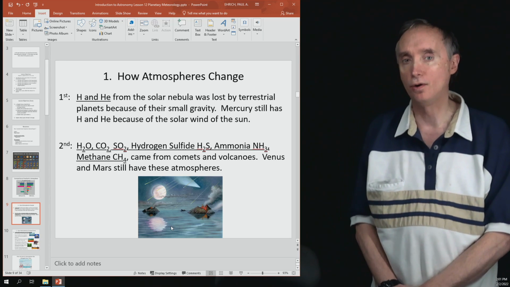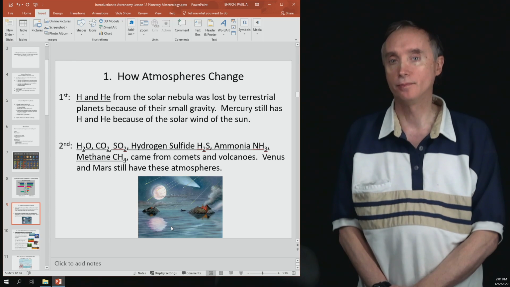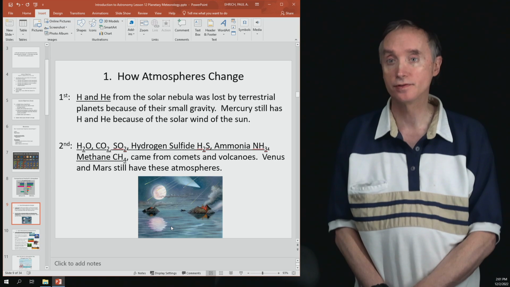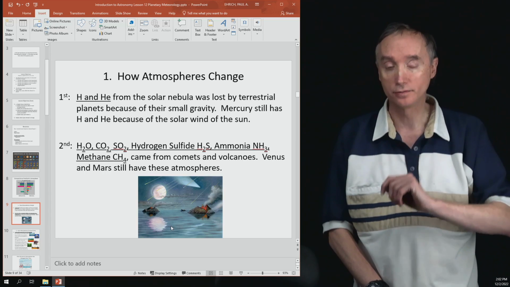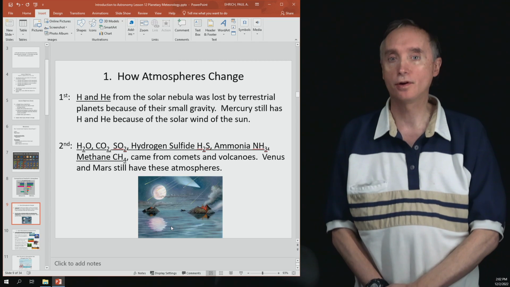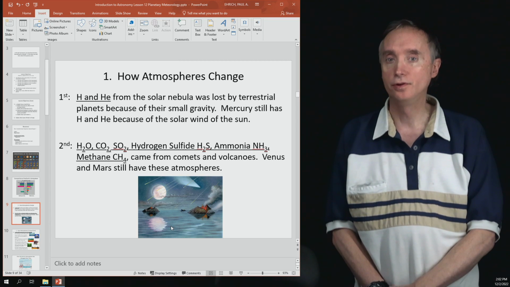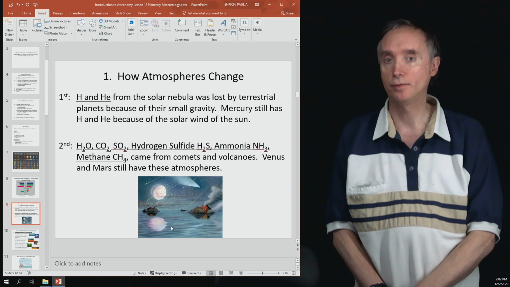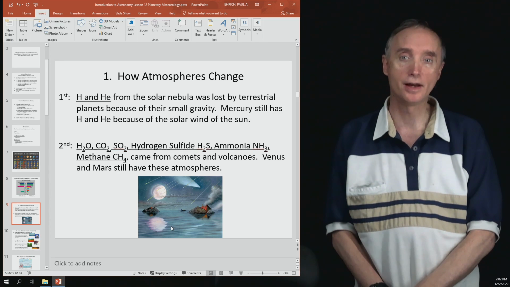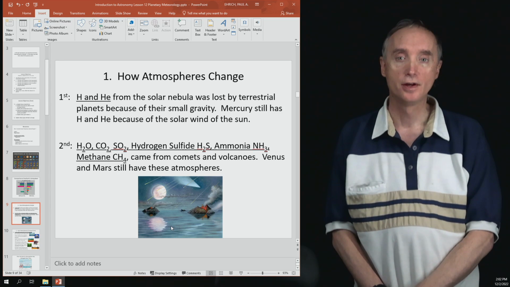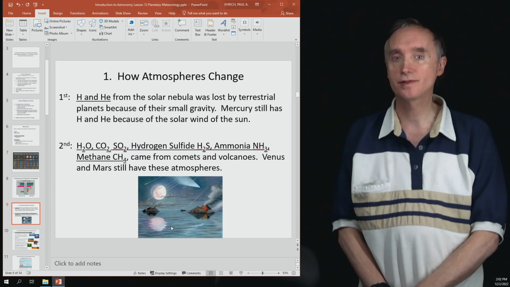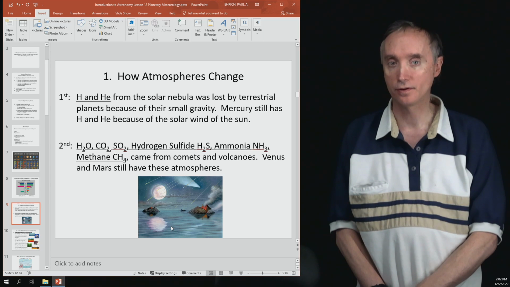But what do we know about hydrogen and helium? They're both very light gases. If you take a party balloon filled with helium and you let it go, it goes up into the air. So it wouldn't have taken Earth very long to lose its hydrogen and helium, probably 1,000,000 years, maybe even less than that. So now let's go to Earth's secondary atmosphere.